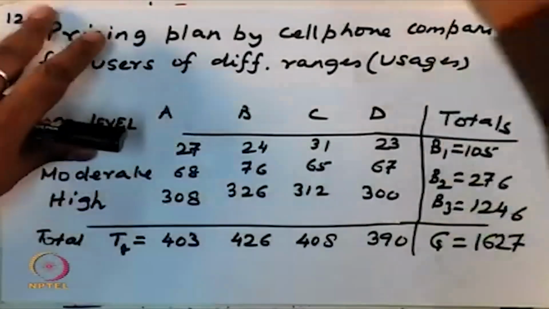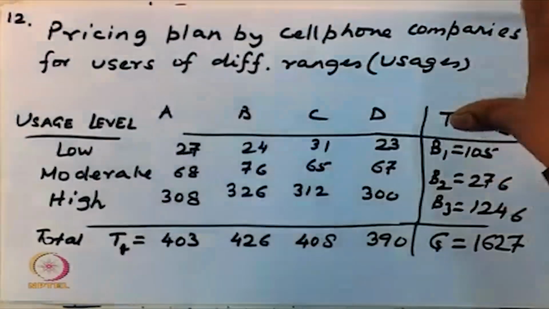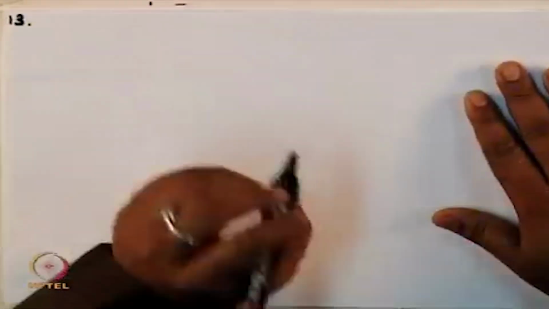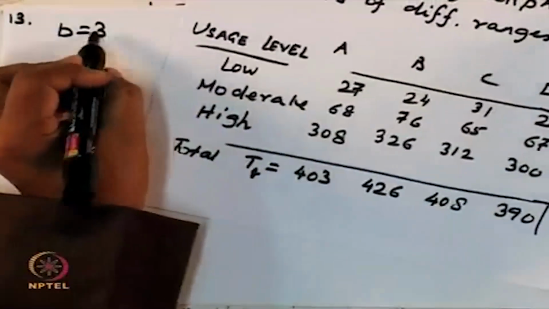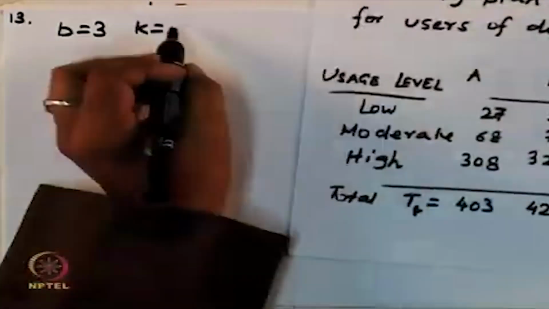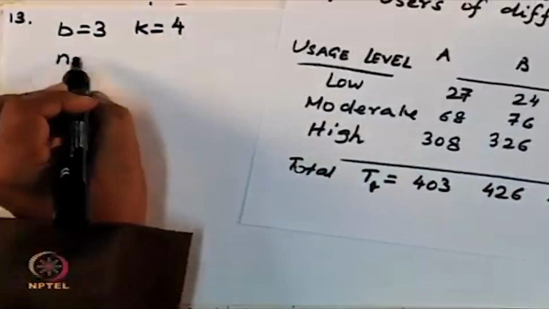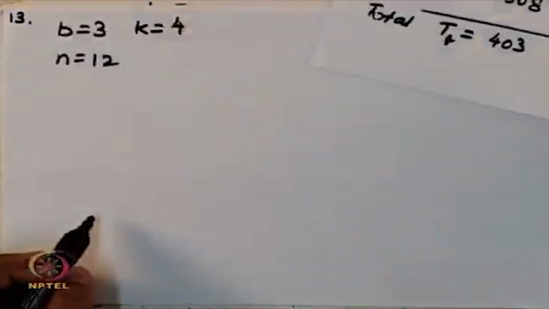Okay. So, for this, your B, the number of blocks, is 3, K, your number of companies A, B, C, D, is 4, and N is 12. So, you have this total combination of 12 observations.